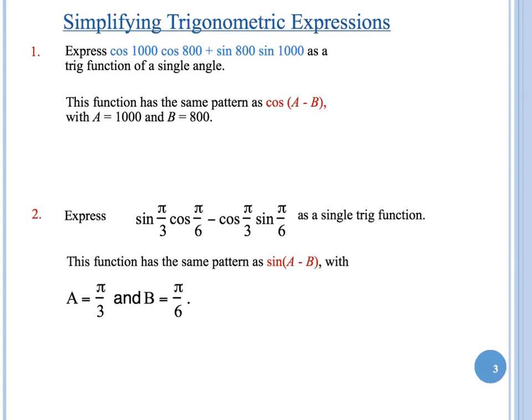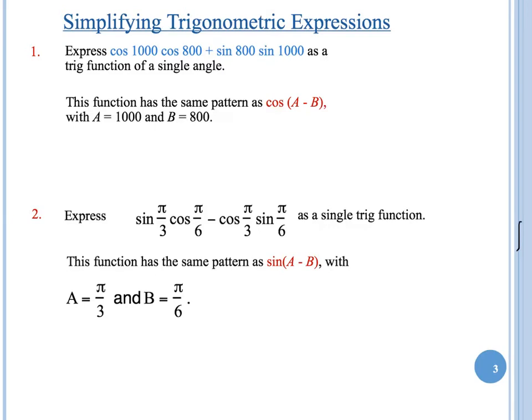So in these first couple examples, we're just figuring out which formula, whether it's a sine addition, a cosine subtraction, or a tangent addition or subtraction. And so it's written much more nicely on your paper. And instead of cosine of 1,000, it's cosine of 100 degrees.